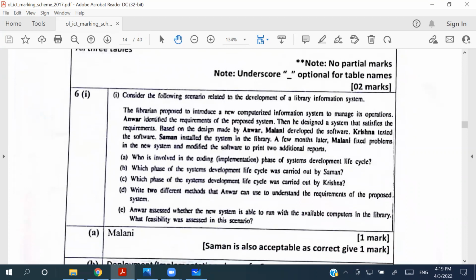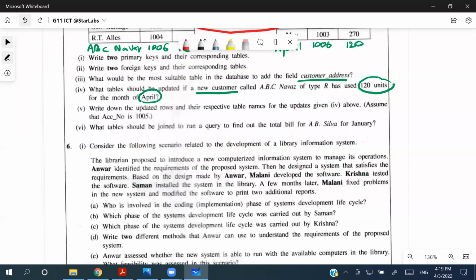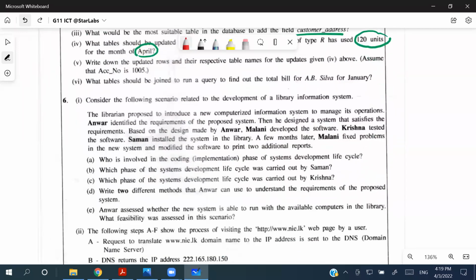The sixth question, they're asking about, consider the following scenario related to the development of the library information system. So you are given a particular scenario and they have asked you some questions.